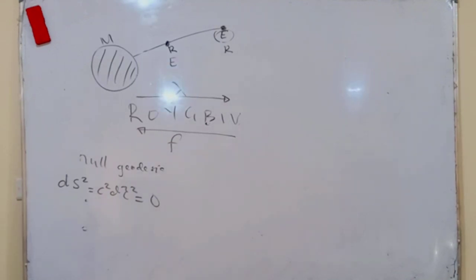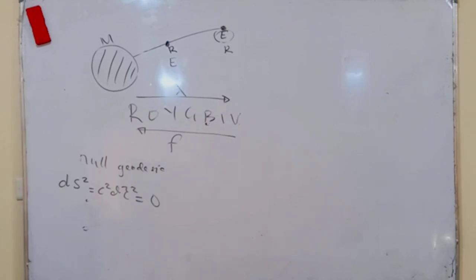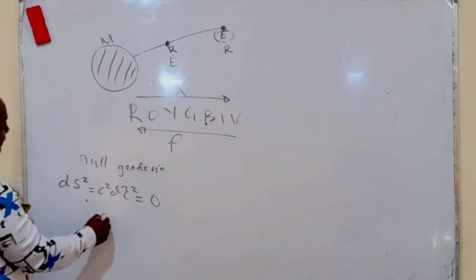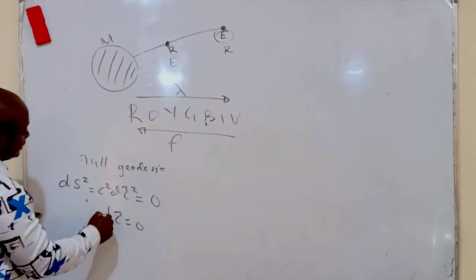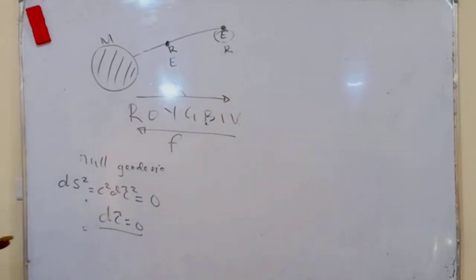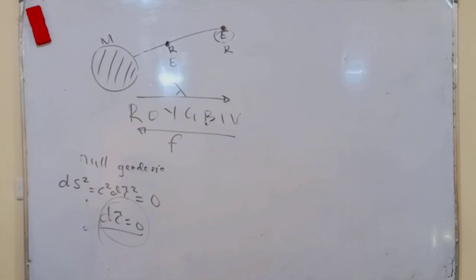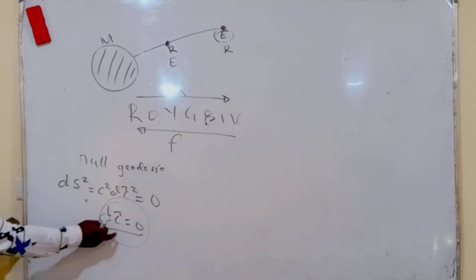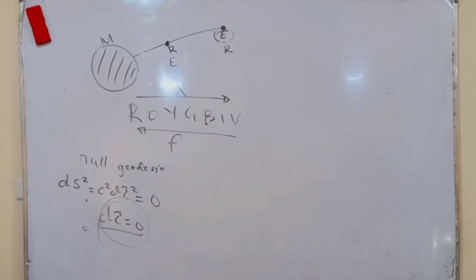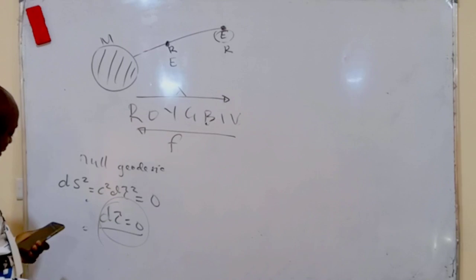We are going to treat the movement of light differently from the movement of test particles. So from there, we see that d tau is 0. Actually, this is the equation of motion of light in a gravitational field. Light moves along a null geodesic.